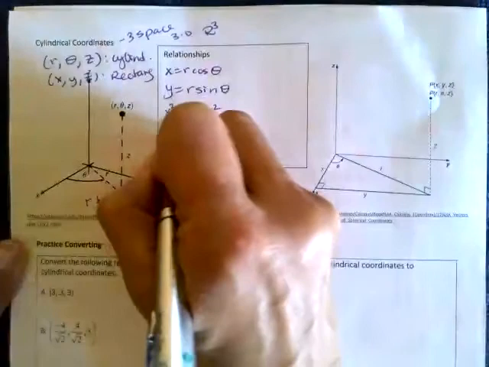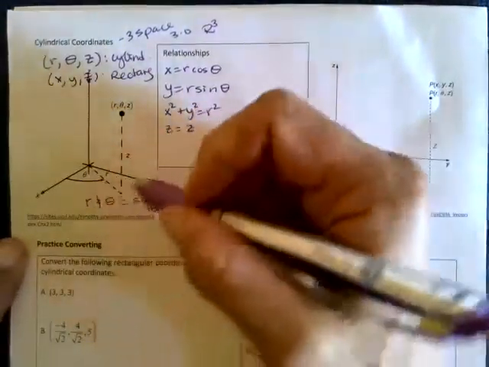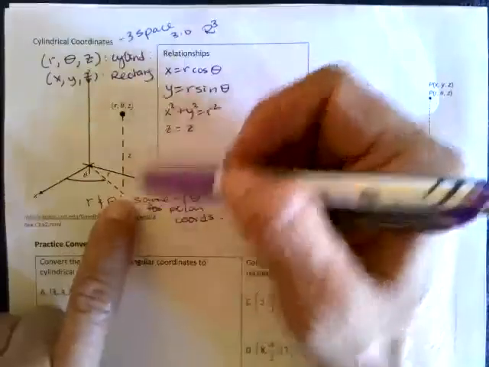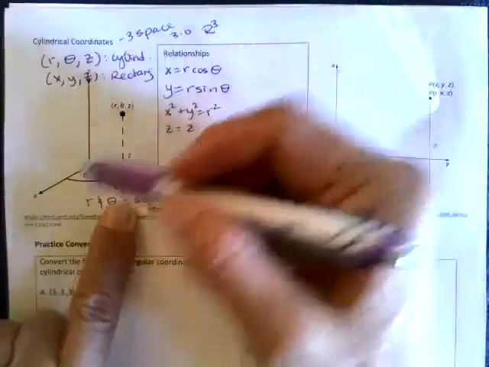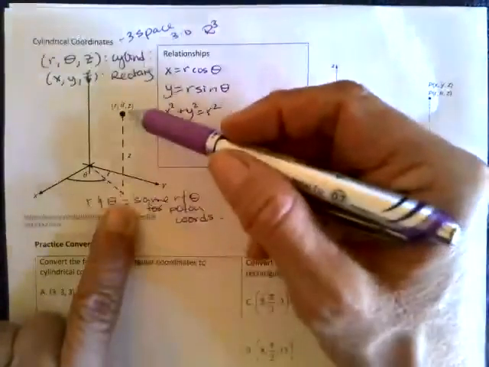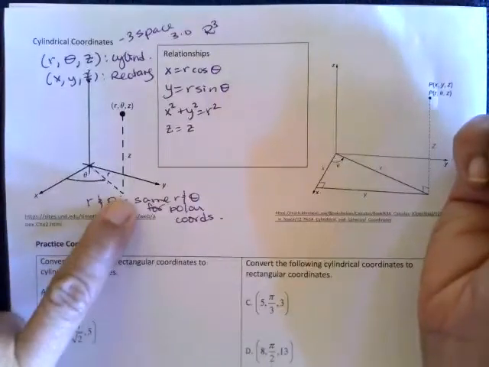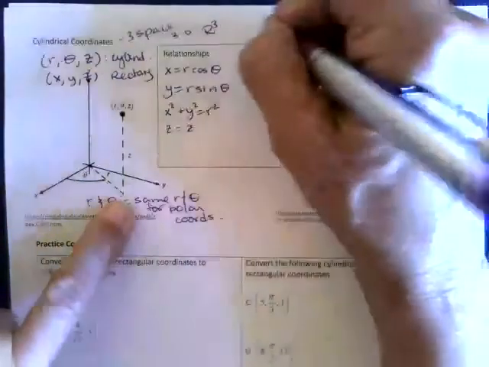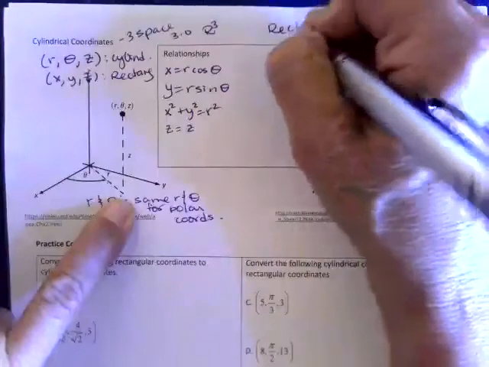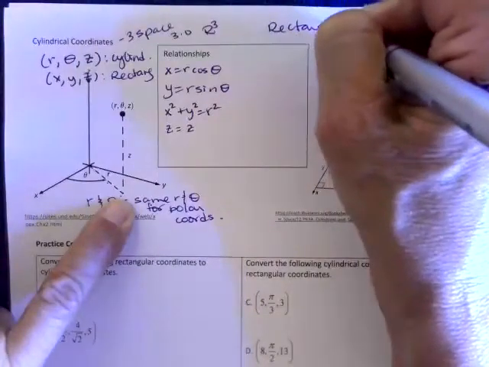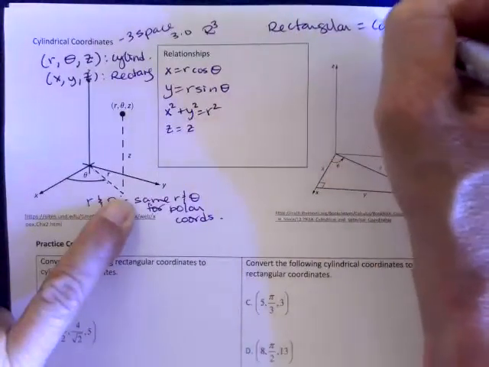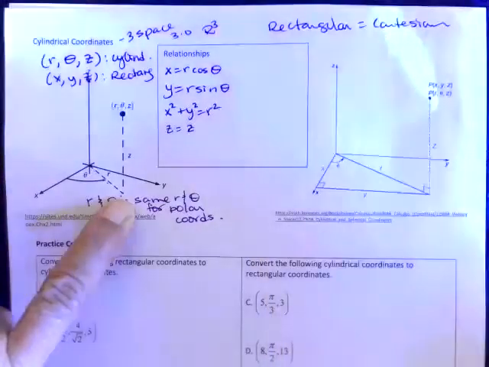And then Z is just Z, it's the same thing. If you look at our picture, Z is the distance above the XY plane, and that's the same thing as it was in Cartesian, rectangular. Sorry, more things: rectangular equals Cartesian. I will go back and forth.